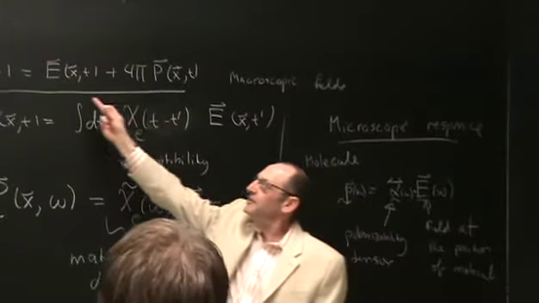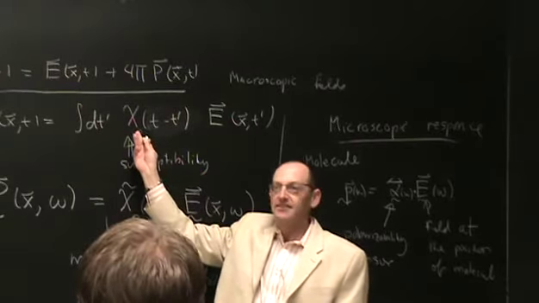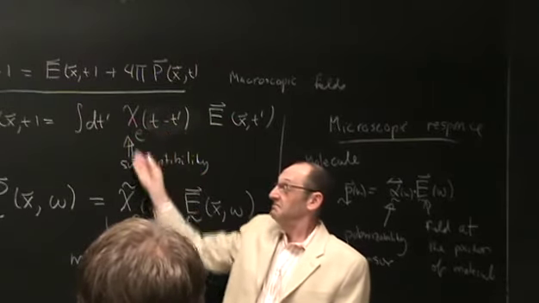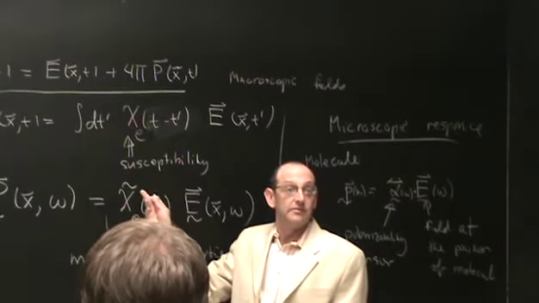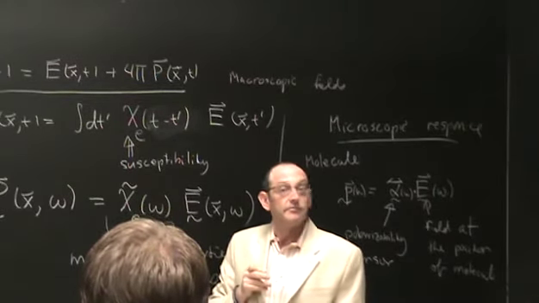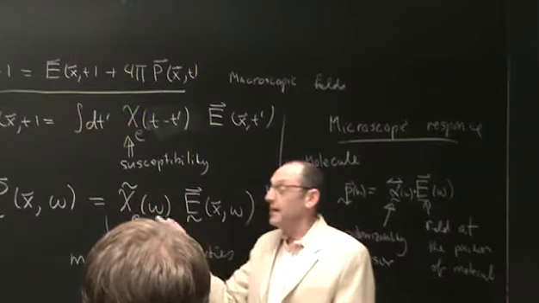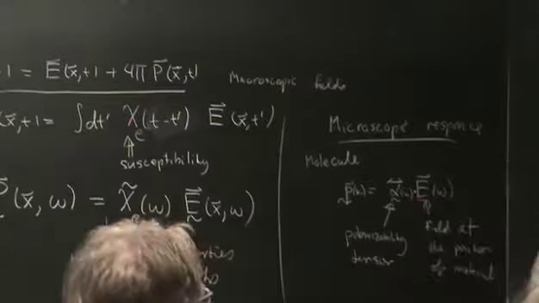Well, P has the same dimensions as E. So what's the units of chi? Dimensionless. Okay, I'm sorry, I meant to say this guy is a function of omega. This is dimensionless. So if this is dimensionless, then the units of alpha are units of volume.